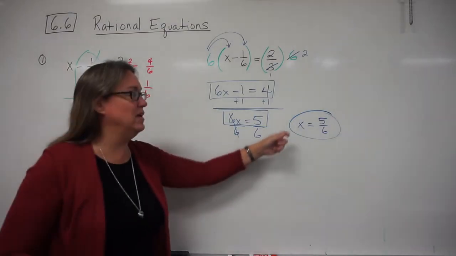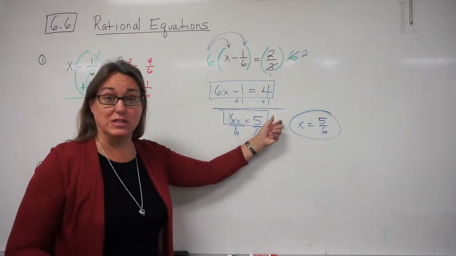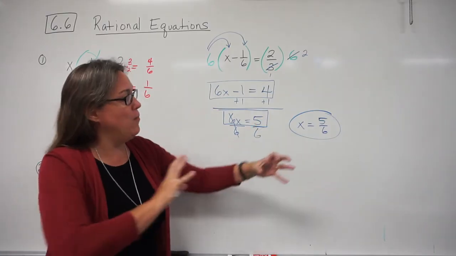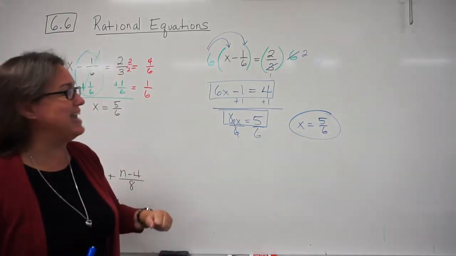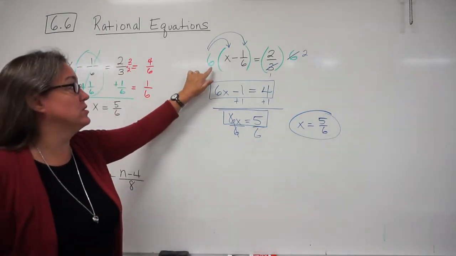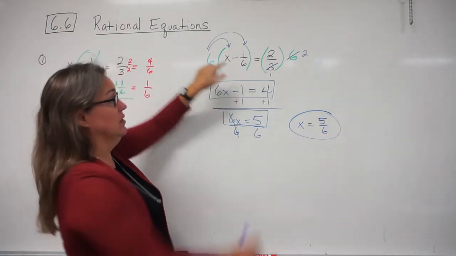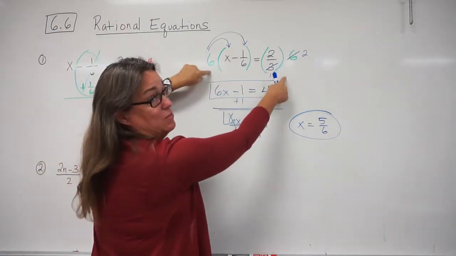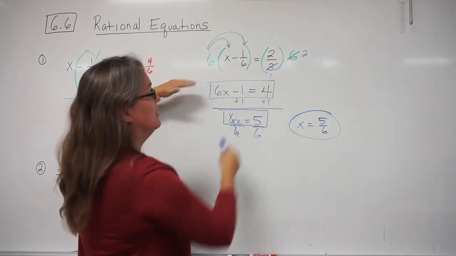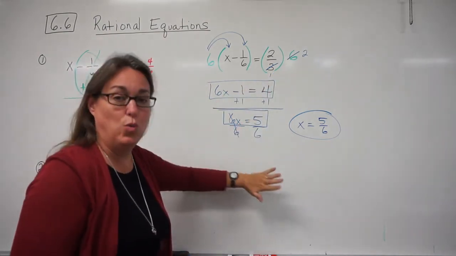You really need to use this method, which is clearing fractions. And no matter how big or complicated these equations get, this method still works. You find the LCD, you multiply both sides by that LCD, this clears the fractions, and you work the problem from there.